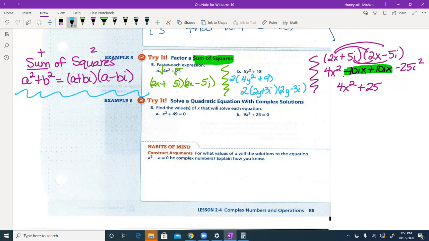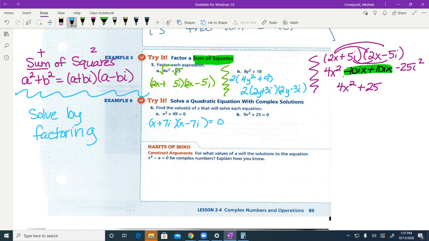Now, example 6 has you put that skill to work in solving a quadratic equation that's going to have some complex solutions. If it is a sum of squares, we can solve it by sum of squares. So I can solve this by factoring. So let's factor. x squared plus 49 is a sum of squares, so x and x, plus 7i, minus 7i equals 0.